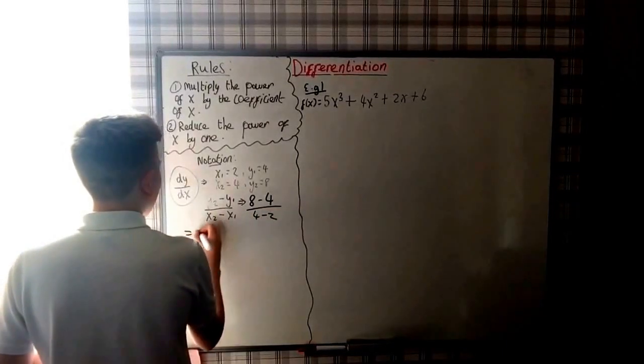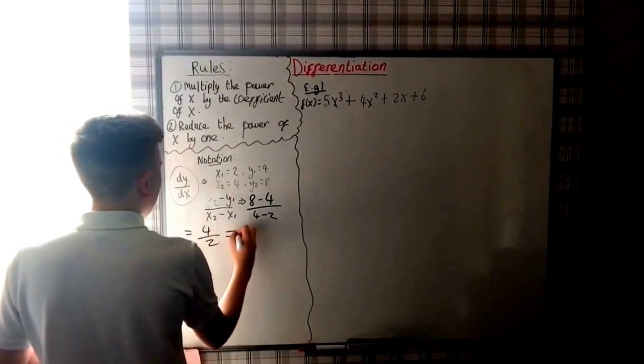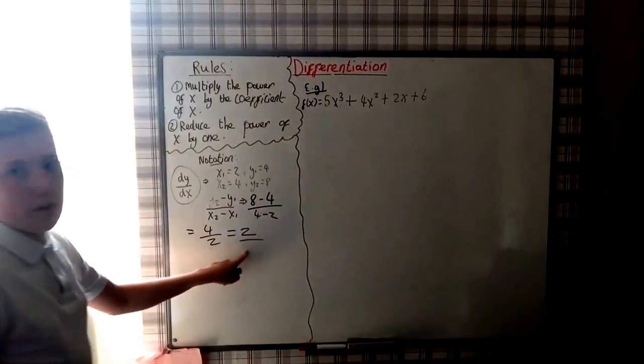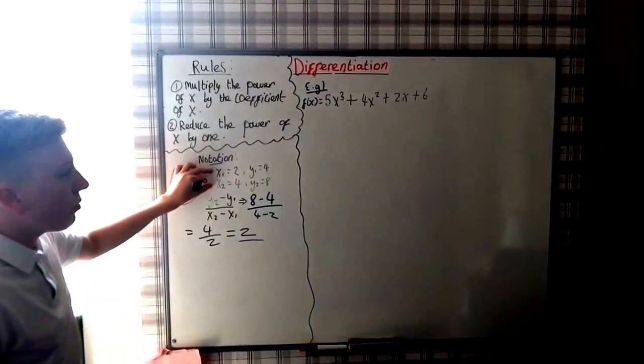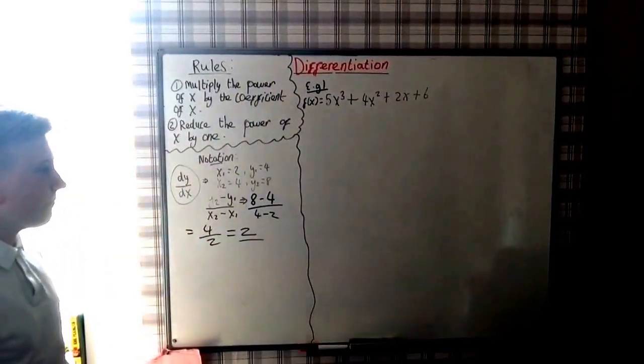Which of course is just 4 divided by 2, which gives us 2. So the gradient of a line that intersected those two coordinates would be 2.